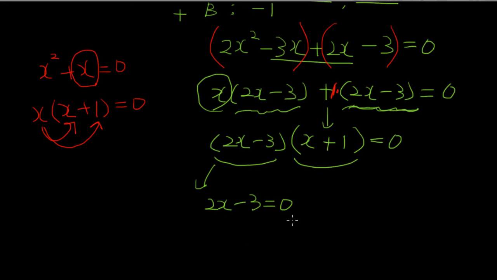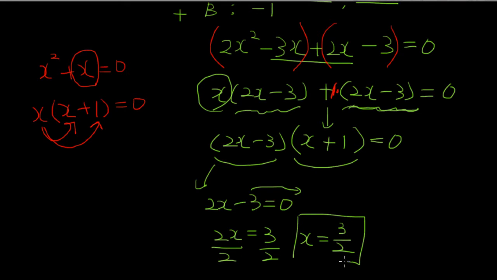How do we solve this? Move that -3 to the other side, so 2x equals 3. Divide both sides by 2. So we have x equal 3 over 2. We have one solution there.